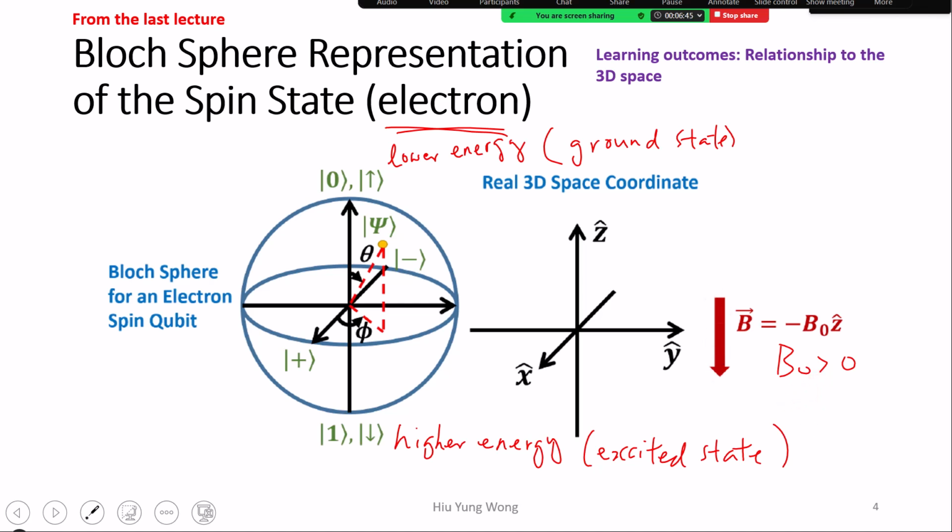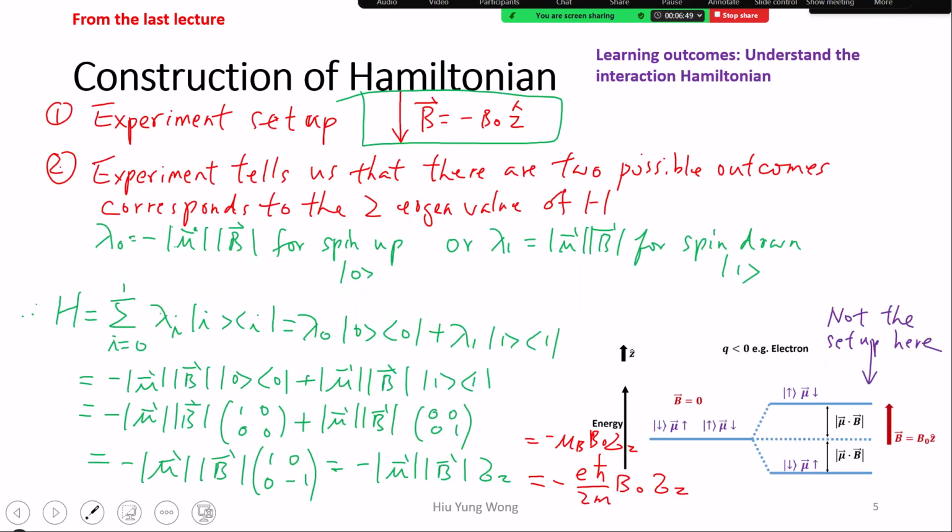Under this situation, last time we went through the math, particularly for this line. If it is an electron spinning down, it means its angular momentum is pointing down. Just take it for granted.